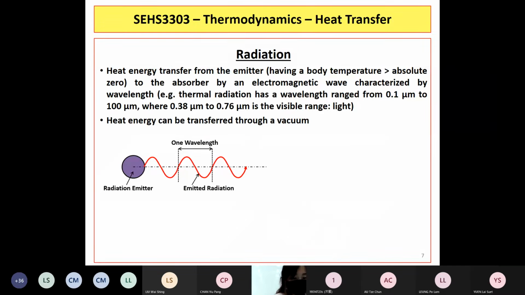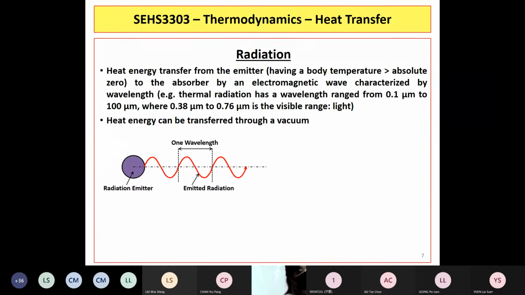The last one is radiation. Radiation, in fact, we have a matter or an object. If the temperature is larger than the absolute zero, it will emit radiation. In other words, each matter will emit radiation.